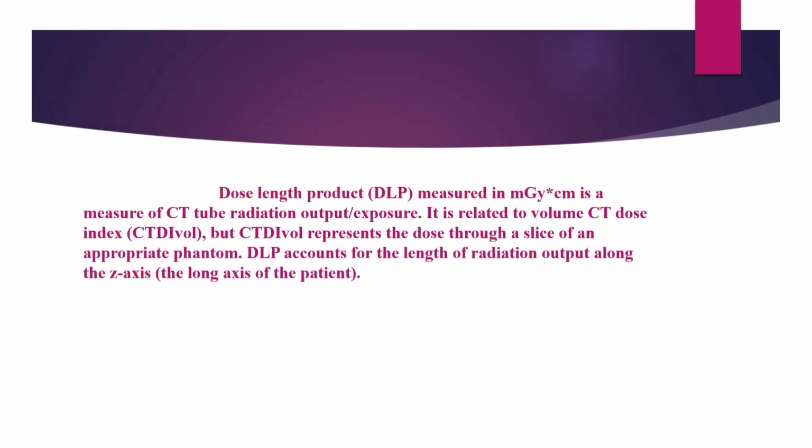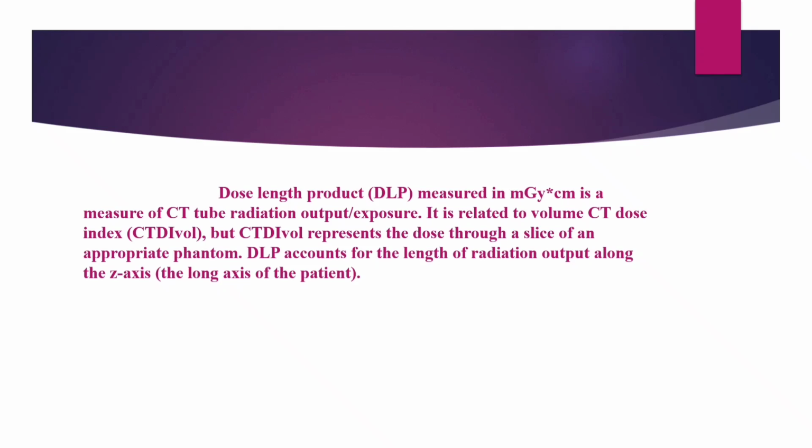Now let's see the explanation. Dose length product, measured in milligray times centimeter, is the measure of CT tube radiation output or exposure. It is related to volume CT dose index, but volume CT dose index represents the dose through a slice of an appropriate phantom.